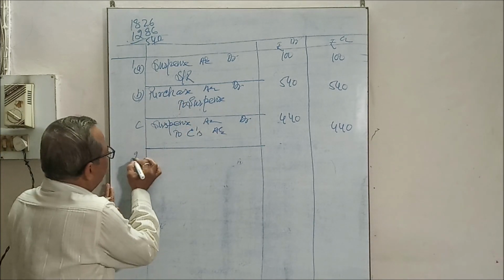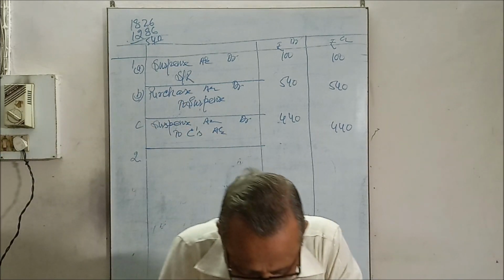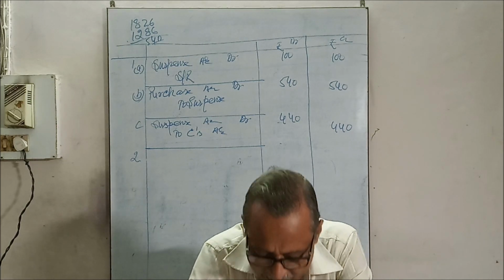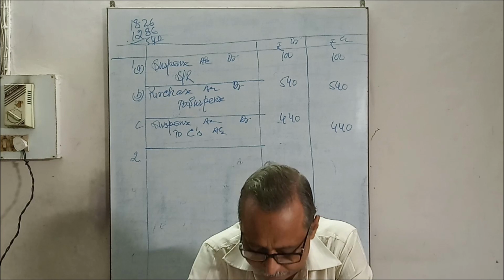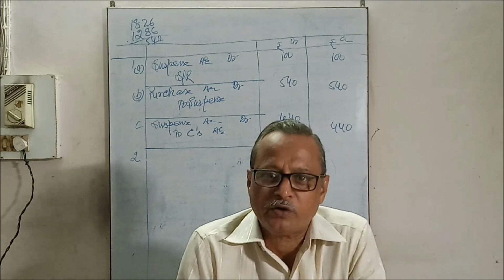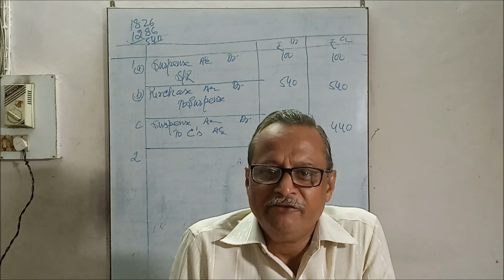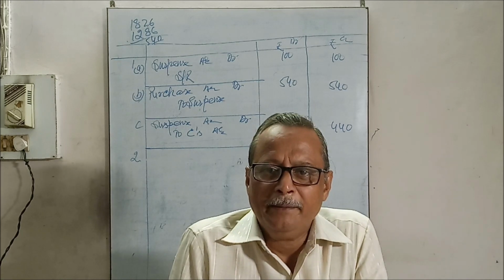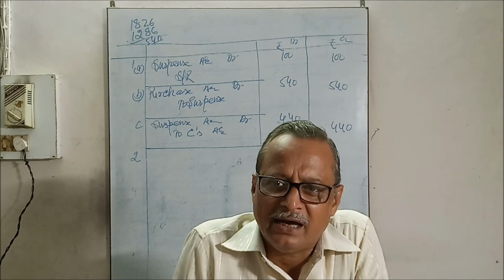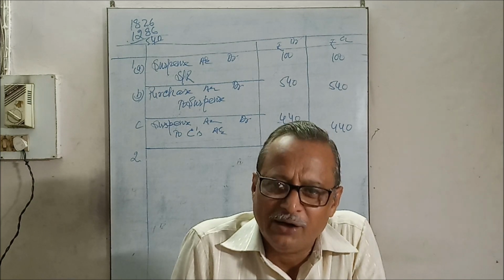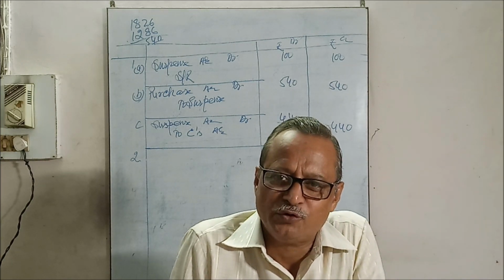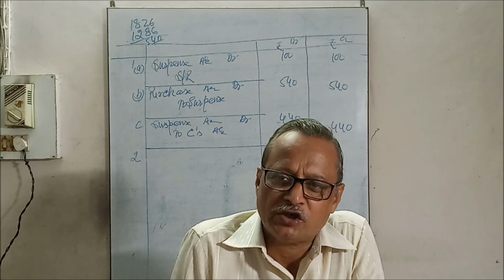Now the second one. 425 paid for wages to workmen for making an office table was debited to wages account. It is an error of principle. If wages are paid to make the office table, an asset is created. So that wages paid should be added to the cost of the furniture.